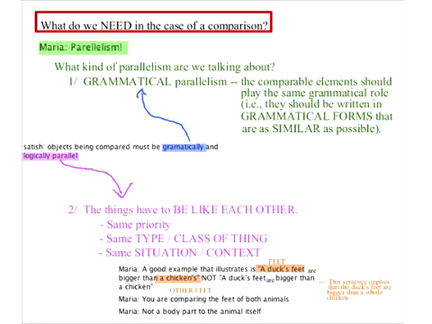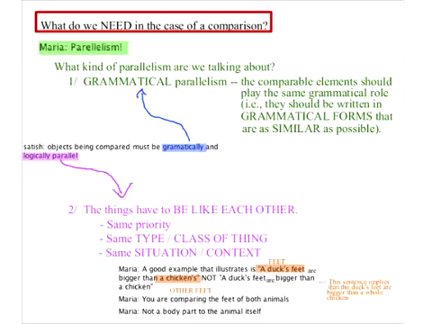A sentence like that could be right if that was what you actually meant. Like if I had a newborn baby and I would say, my arm is bigger than my baby, that's probably true. My arm is actually bigger than the whole baby. But otherwise, if I actually meant to compare arms to arms, then that would be wrong.